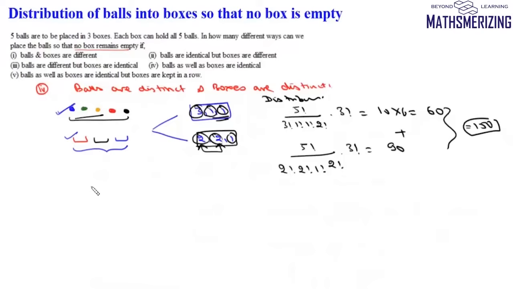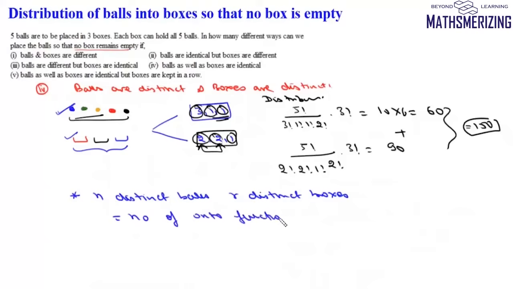Now what is the general way of solving this problem? The general way of solving this problem, when we have n distinct balls and they are to be distributed in r distinct boxes such that no box is empty, is given by the number of onto functions from a set containing n elements to a set containing r elements.